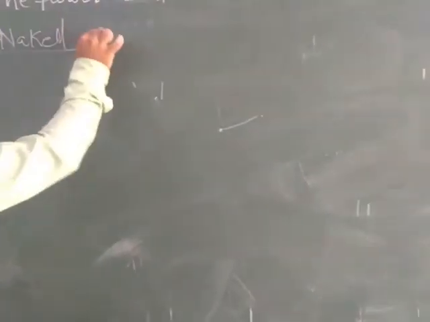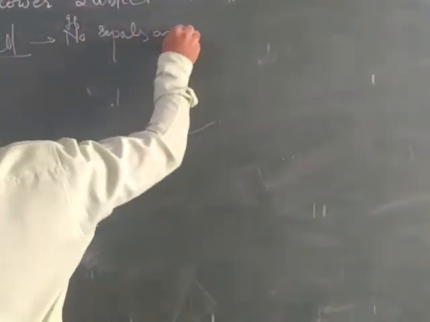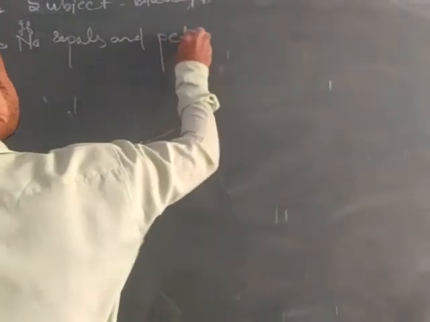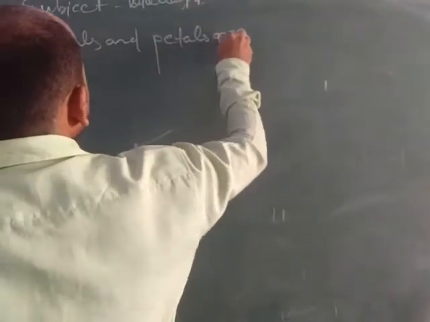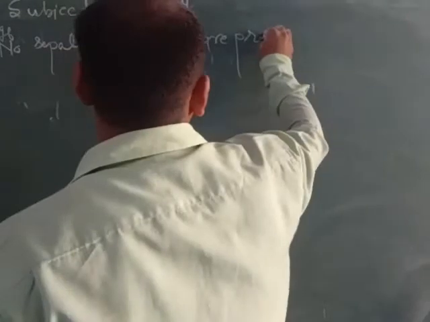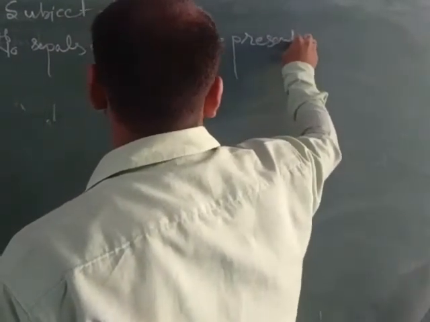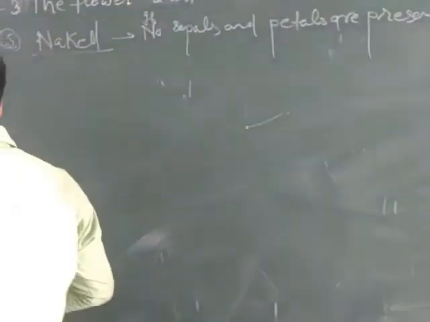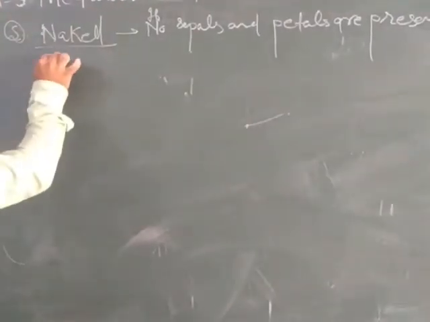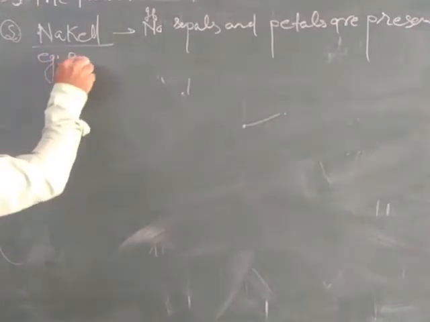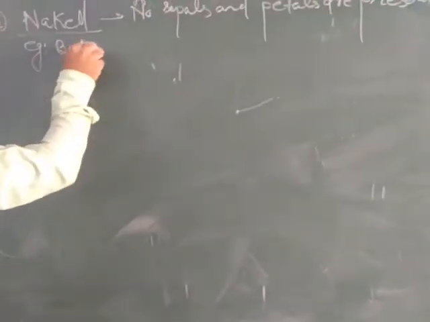If both sepals and petals are lacking, if no sepals and petals are present, this situation is called the naked condition of flower. An example of the naked condition is betel, that is supari. Betel is an example of a naked flower.